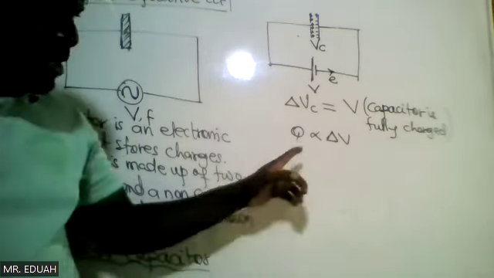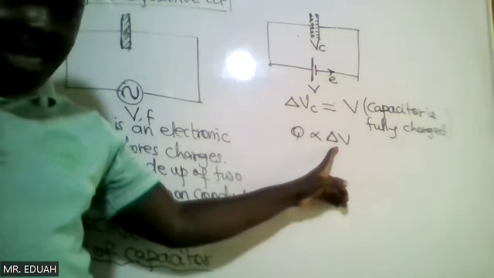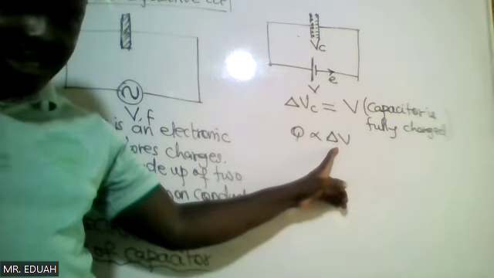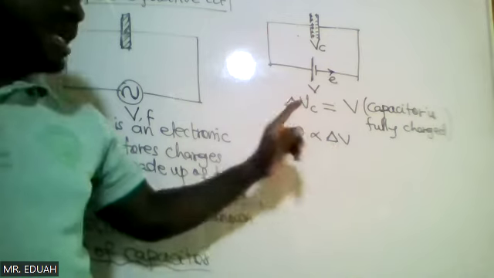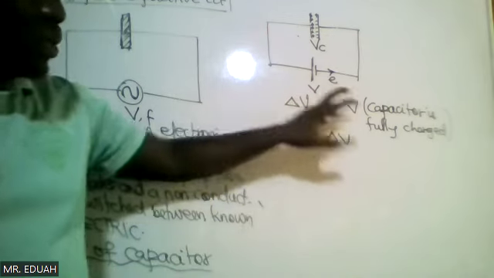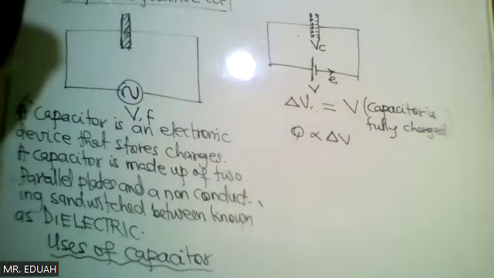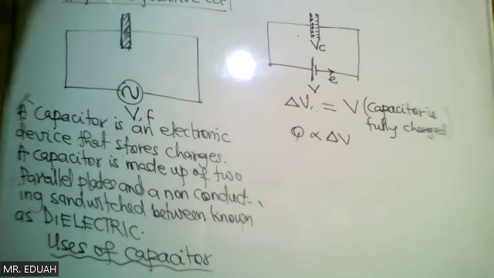So as Q increases, the voltage drop across the capacitor also increases. Then when the voltage across the capacitor is equal to the source, we say the capacitor is fully charged. Then it is disconnected. Once it's fully charged, work is done.